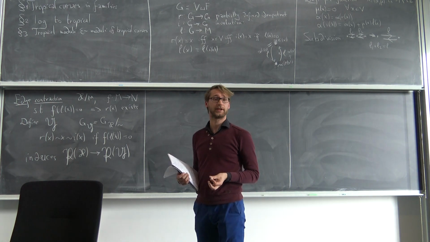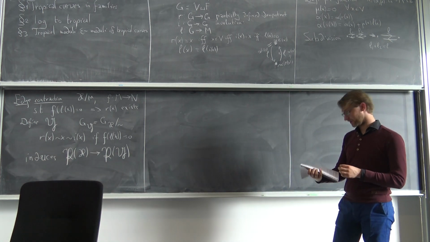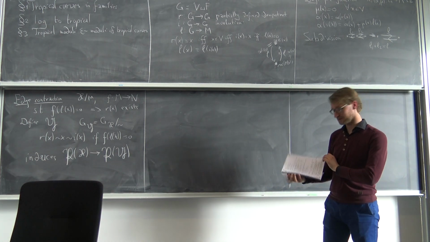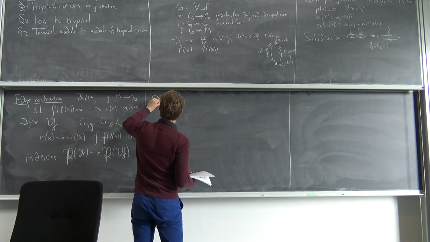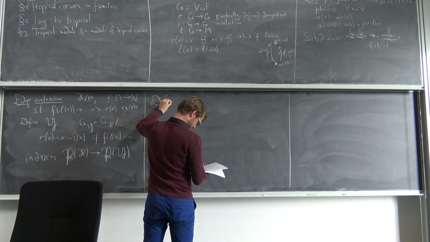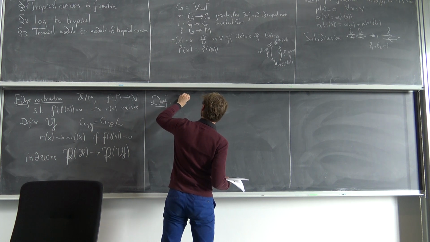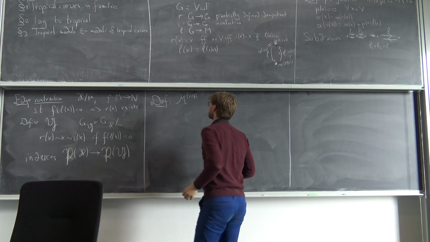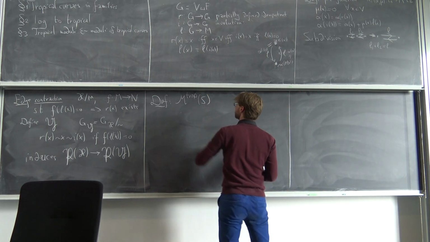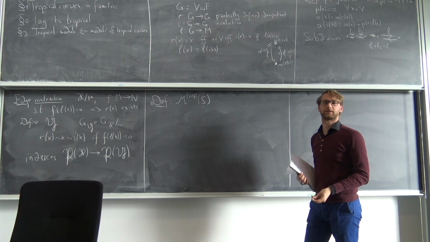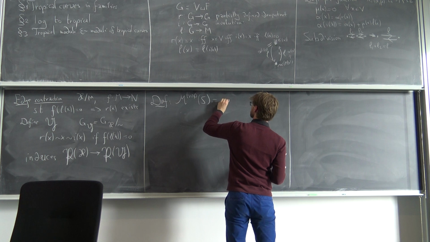And as Rosa already gave the definition of a tropical curve over a log scheme, I don't have to give that, so that's nice. But I will use this. I'll define F and M trop of a log scheme S to be the groupoid of tropical curves over S.